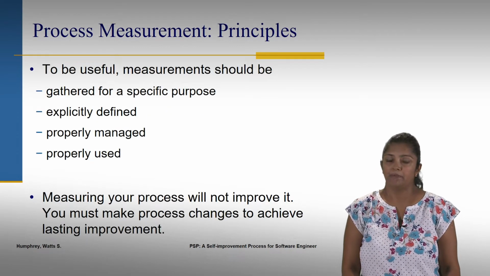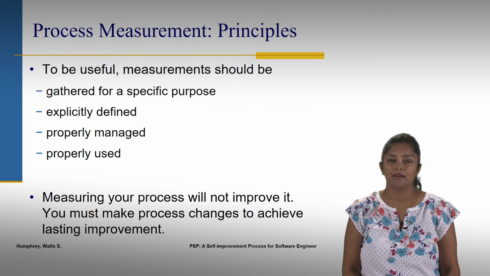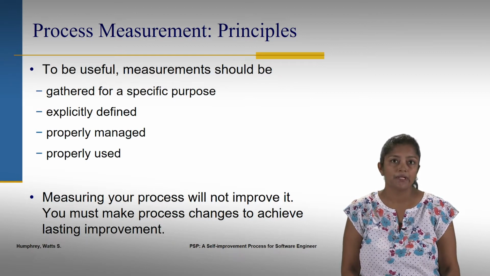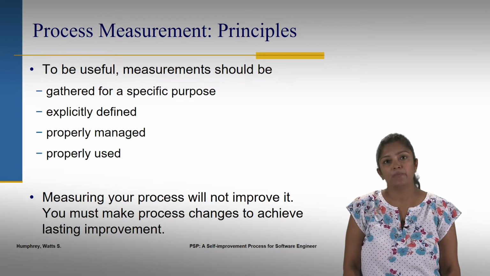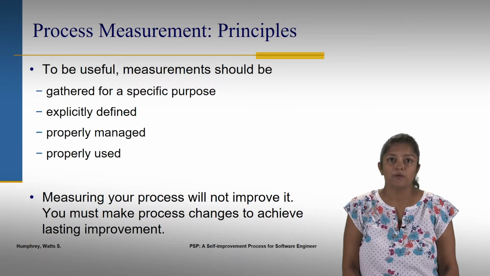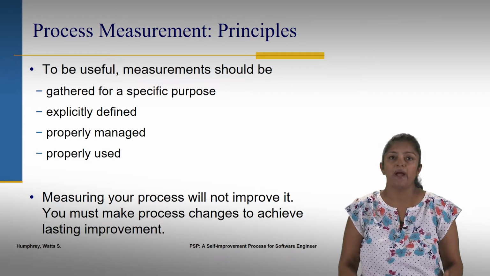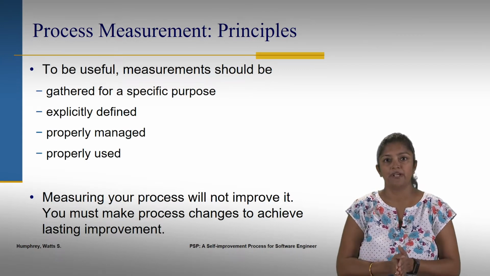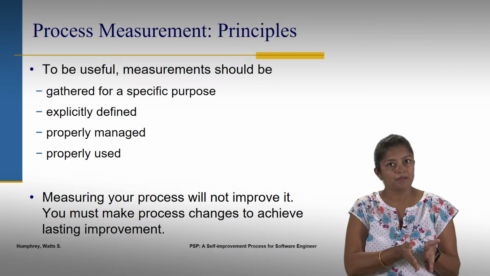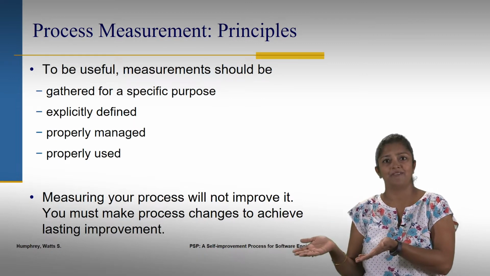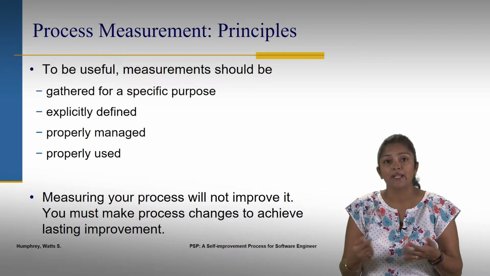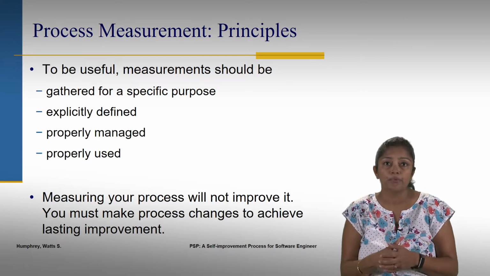So basically the PSP principles say that one should measure their work, analyze those measurements, and improve from it. But for these measurements to be useful, they should be gathered for a specific purpose and managed and used effectively. If the measurements are done but they're not used in any way, then it's pointless and your process will not improve.